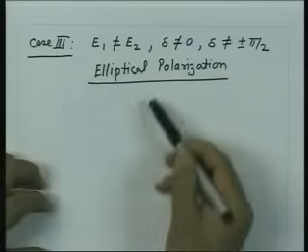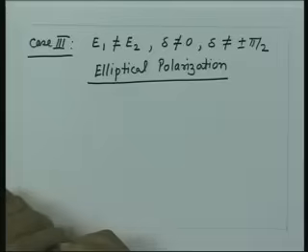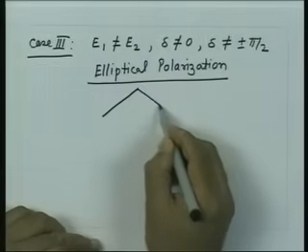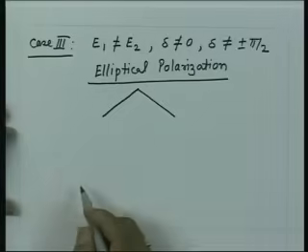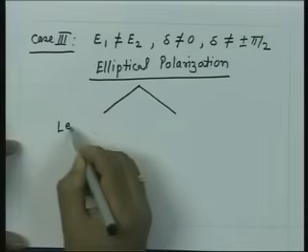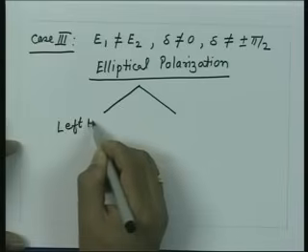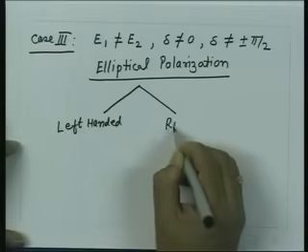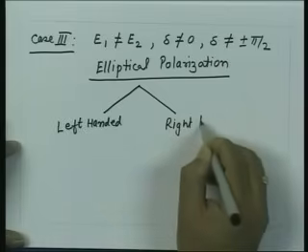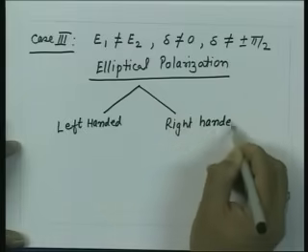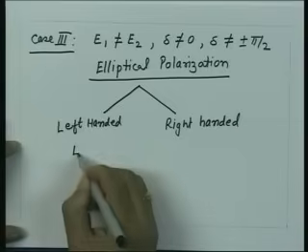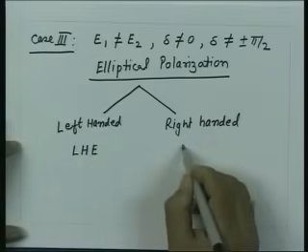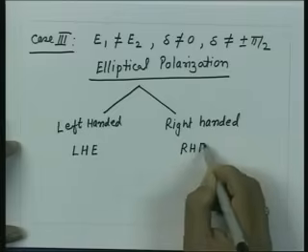So, again, as we did in case of circular polarization, we can classify even the elliptical polarization into two cases: left-handed elliptical, and right-handed elliptical. So, I can have left-handed elliptical polarization and right-handed elliptical polarization.